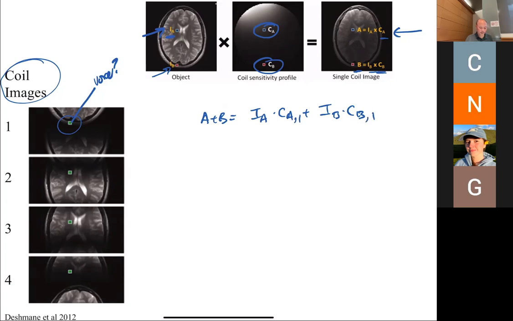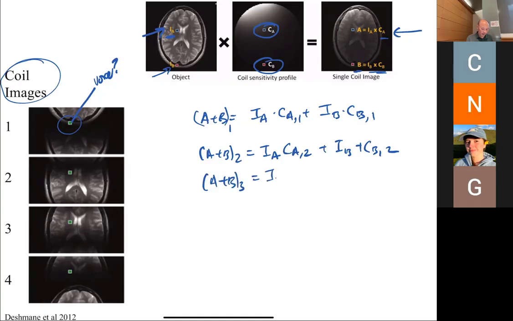And for coil two, I have the same thing, but for the second coil. For coil three, it's the same thing, just using the coil sensitivity for the third coil. And for the fourth coil, it's the same voxels.